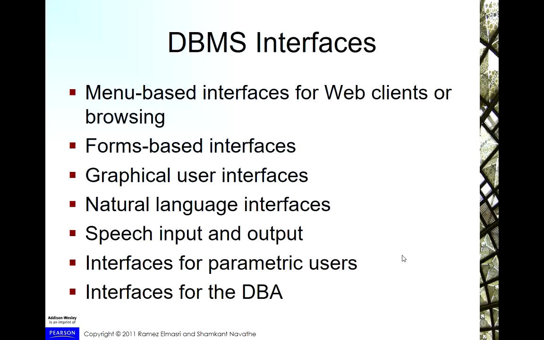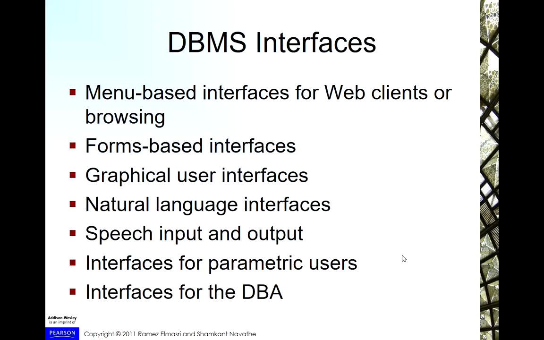Graphical user interface, which could be in different formats as well, like in Microsoft Access, for example, to create a graphical user interface to access that database. Natural language interface and speech input and output are connected together, because you can have speech recognition for a database.